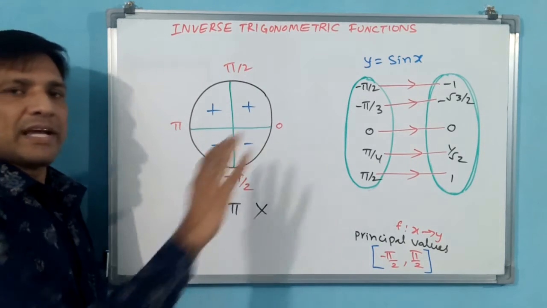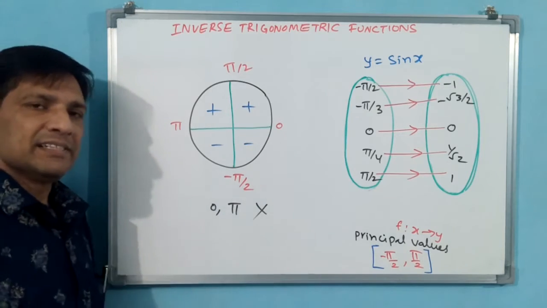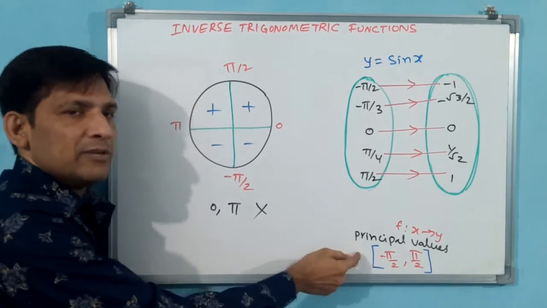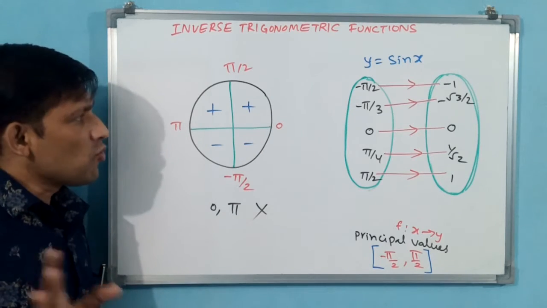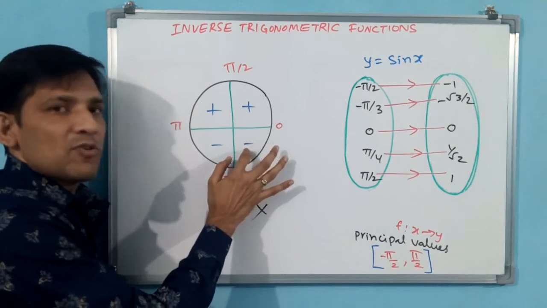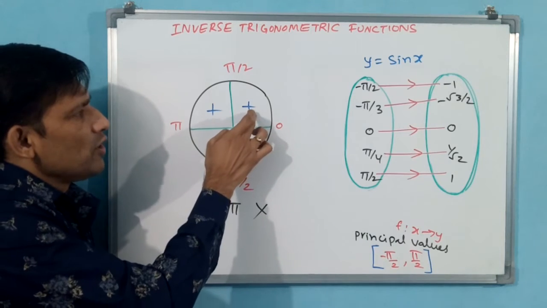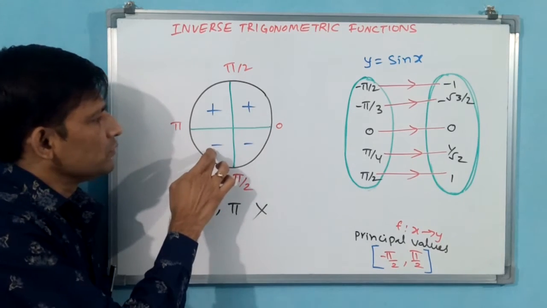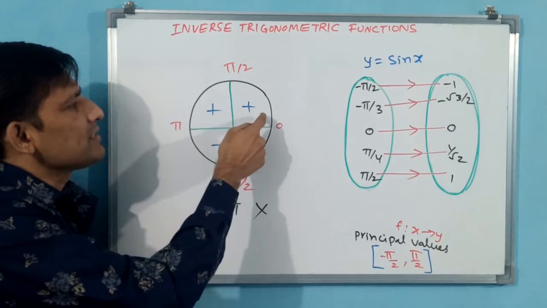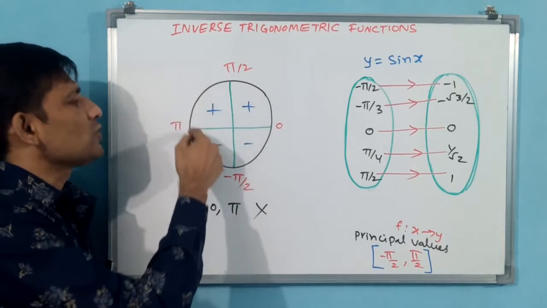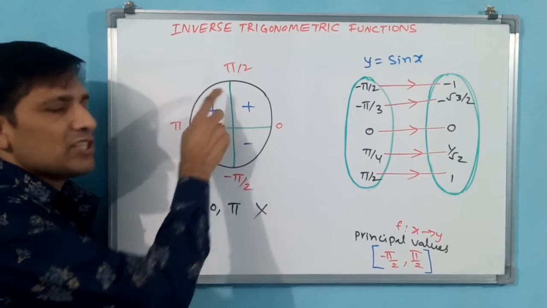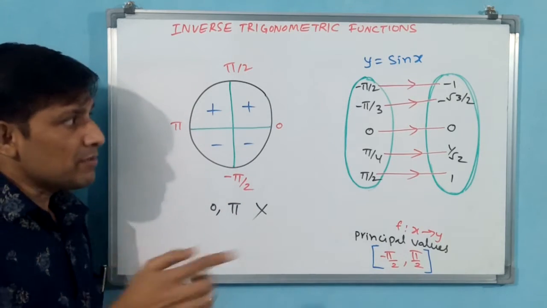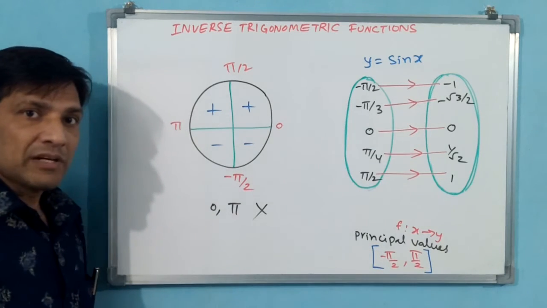Whether it may be for sine theta or cosecant theta or secant theta, whatever it may be, for principal values, 0 to pi by 2 is a must. Then you have no other option, you have to take only one more quadrant. From the first quadrant, you cannot go to the third quadrant, because in between the second quadrant is there. The second quadrant you should not take, because a many-one function will come.